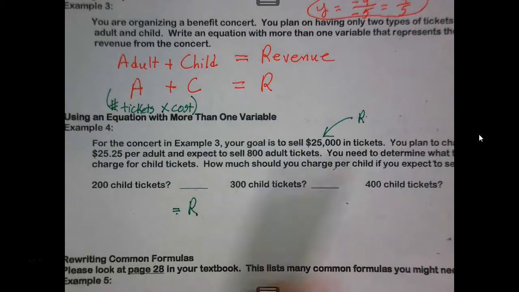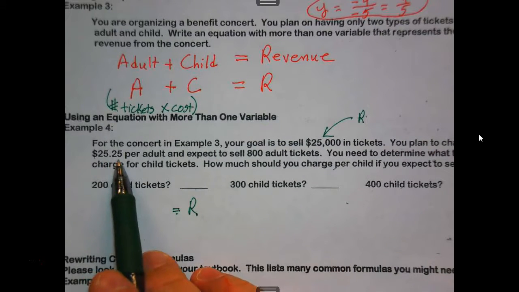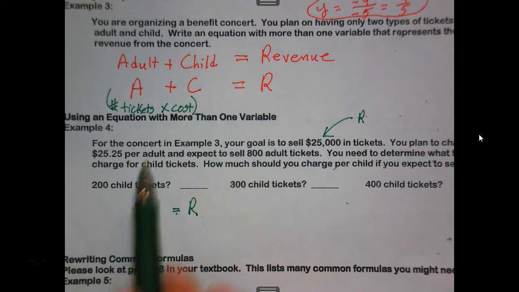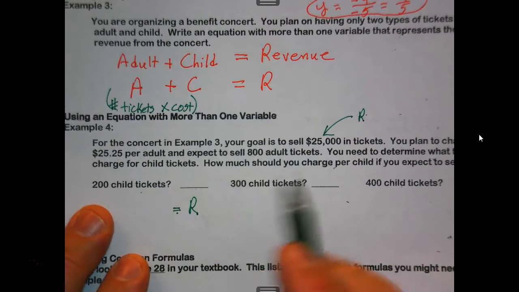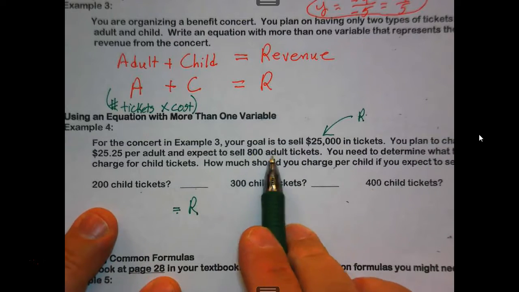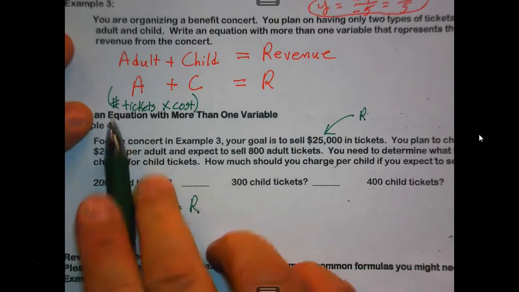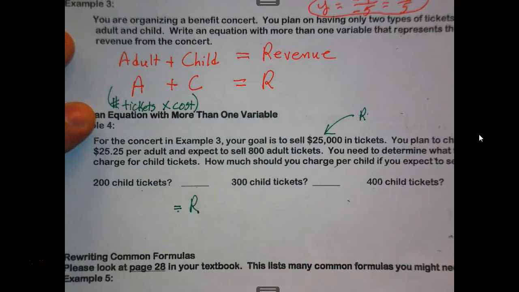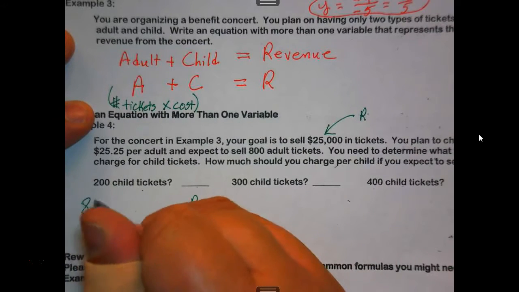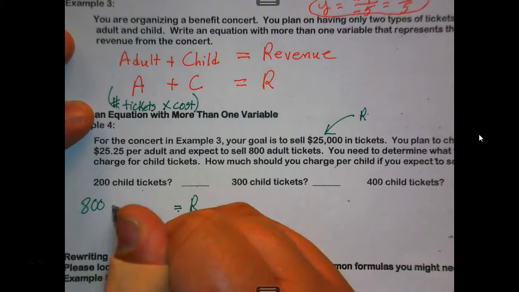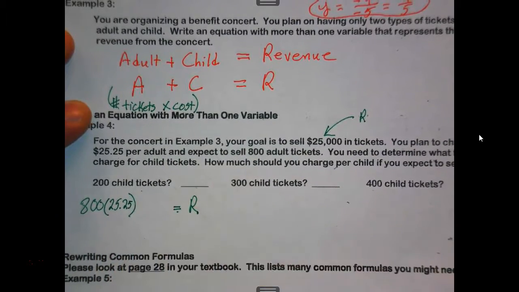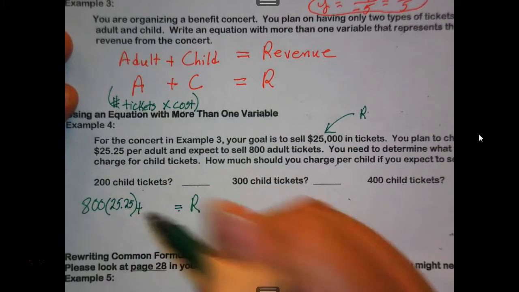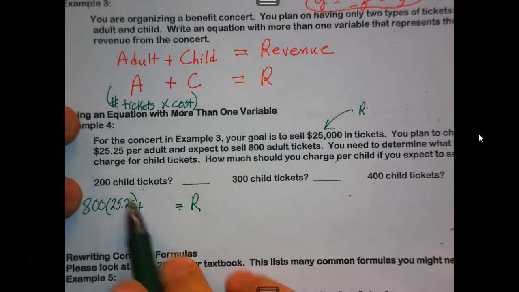You plan to charge $25.25 per adult. Now, they give us the 200 child tickets, and they tell us 800 adult tickets. So the number of tickets is my 800 times the cost of the tickets, which is $25.25, right? And we're going to add to it the number of child tickets.